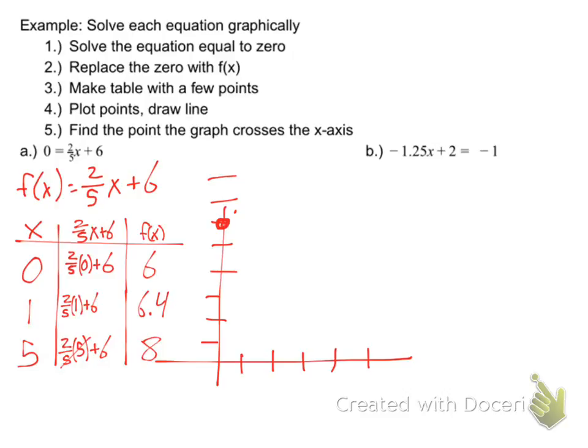And then 5, 8. 5, 8 is there. So maybe that middle point needs to be over a little bit further, right? But here it is.